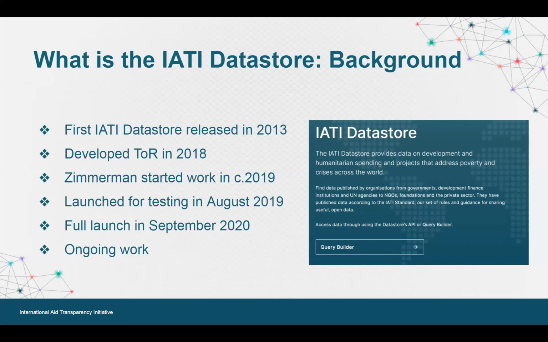And version 1.03 contained far less data than our current version, which is version 2.03 of the standard. In this version 1, there was far less standardization. The data store allowed users to filter by some of the key elements and return most of the IATI activity data, but certainly not all of it.